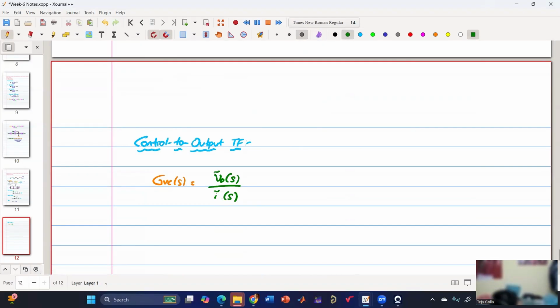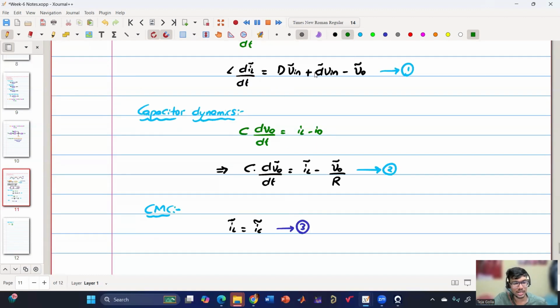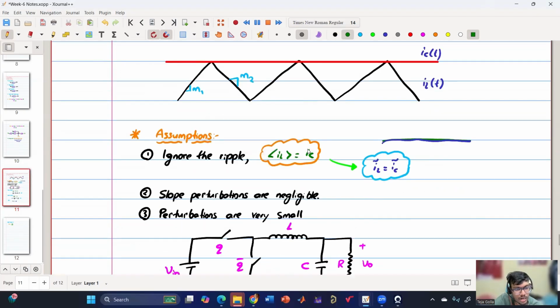So IC of S. So in the case of buck converter, what happens is you will get an equation in terms of IL as well as V naught. So this equation is redundant. Only using these two equations, I can get an expression.